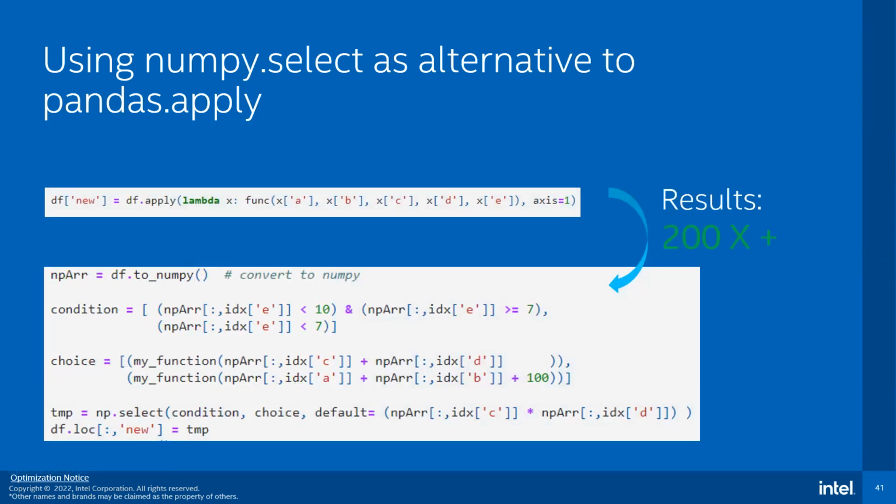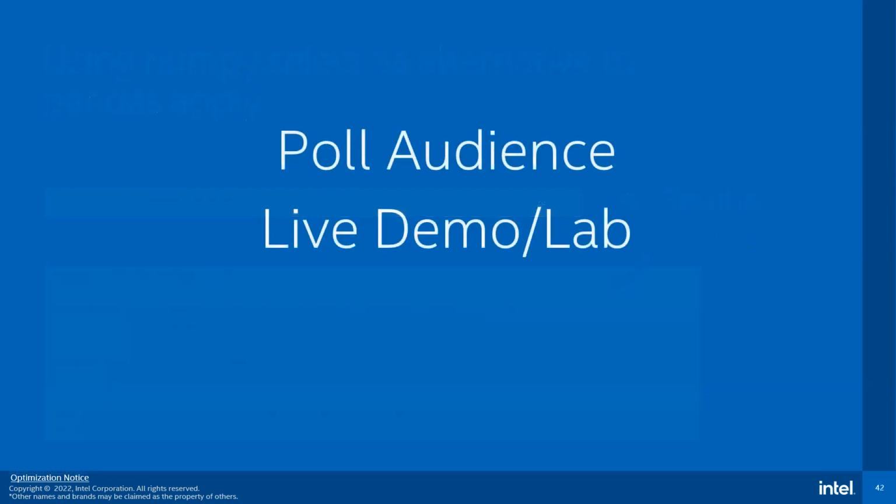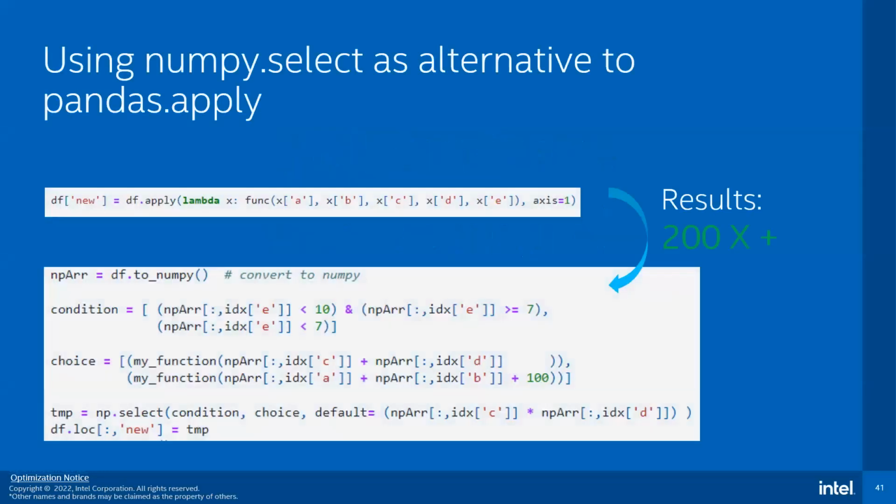I could create a condition clause like I just explained, and I could create a choice clause. The condition clause is where you give it your logic. Then you say, what do you want to do as a result of the condition clause? Those are your choice values.